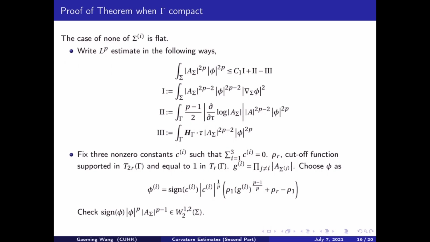For example, G_1 equals the norm of A_sigma_2 times the norm of A_sigma_3. Although G_i is only well-defined on gamma, we can extend G_i to be a smooth positive function on sigma_i except for several finite order zeros on gamma. The precise statement of the extension will be given in my paper. To save time, we just assume we can get a well-defined G_i on sigma_i.